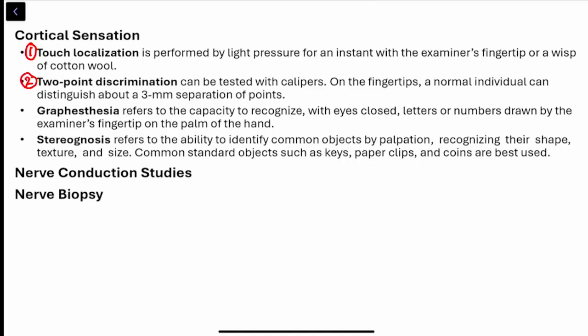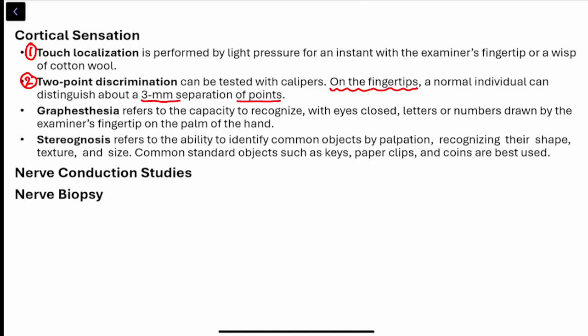Then two point discrimination, the patient is able to discriminate between two points at 3 mm separation on the fingertips. The distance between two points which the patient can appreciate as two separate points is different at different locations, right?